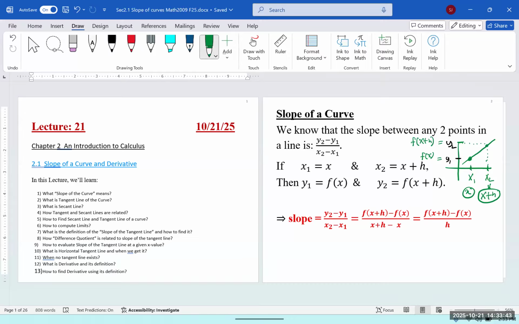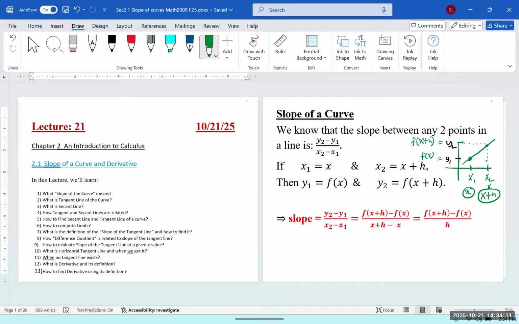If you change the variables a little bit around, then the same equation, y2 minus y1 over x2 minus x1, turns into a new equation: f of x plus h, which is y2, minus f of x, which is y1, divided by x2, which is x plus h, minus x1, which is x.